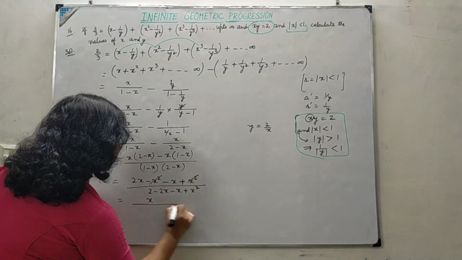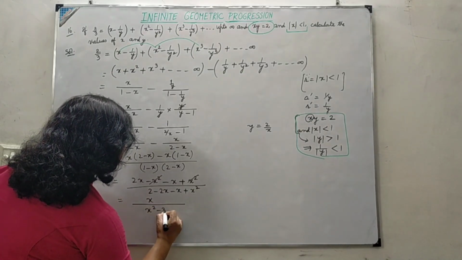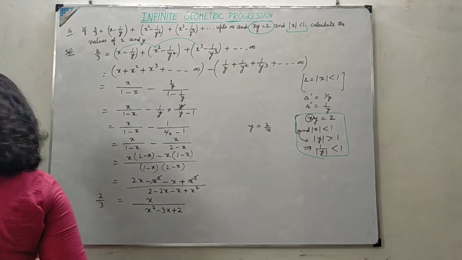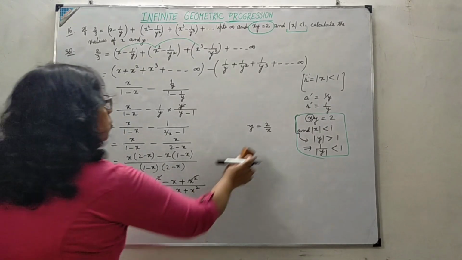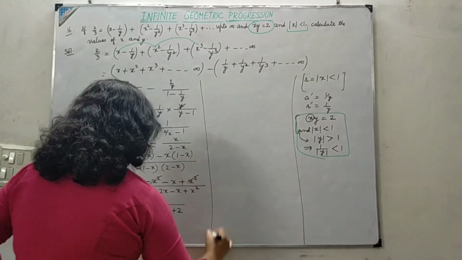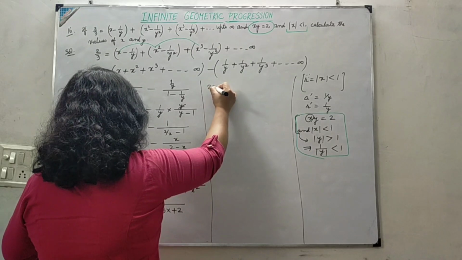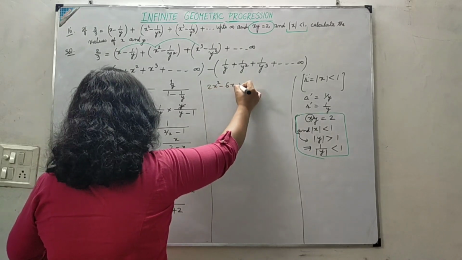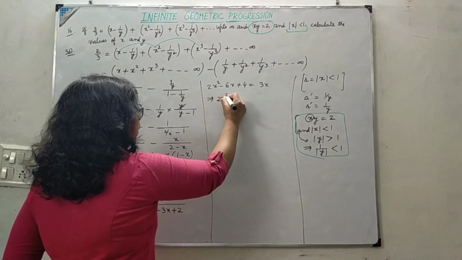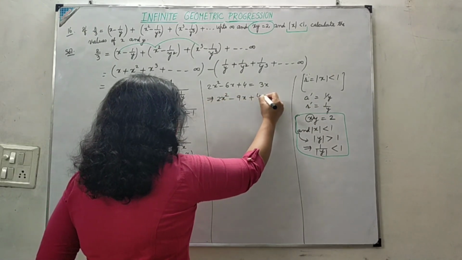So this is x upon x square minus 3x plus 2, and this was your given 2 by 3. Now let us solve this quadratic equation by taking LCM. Cross multiplied, 2x square minus 6x plus 4 equals 3x. So this is 2x square minus 9x plus 4 is 0.